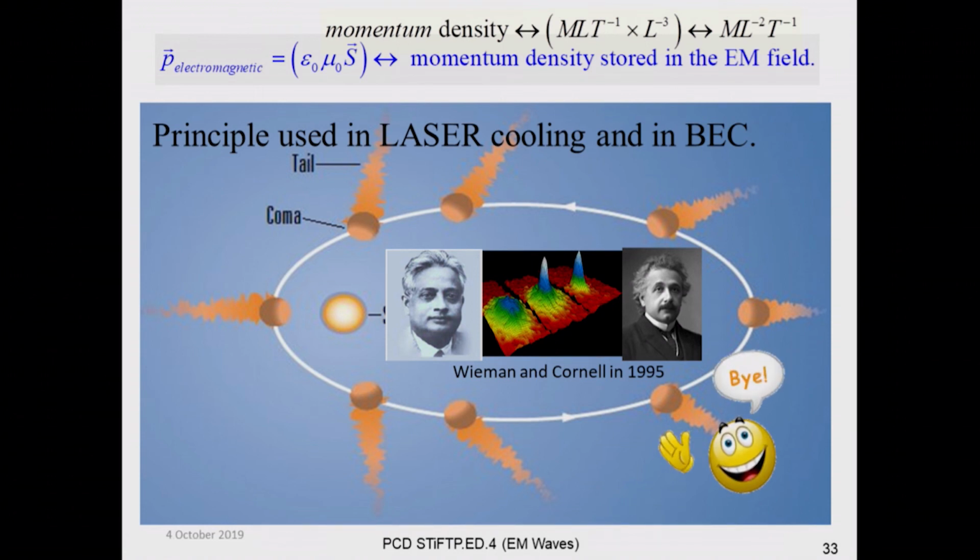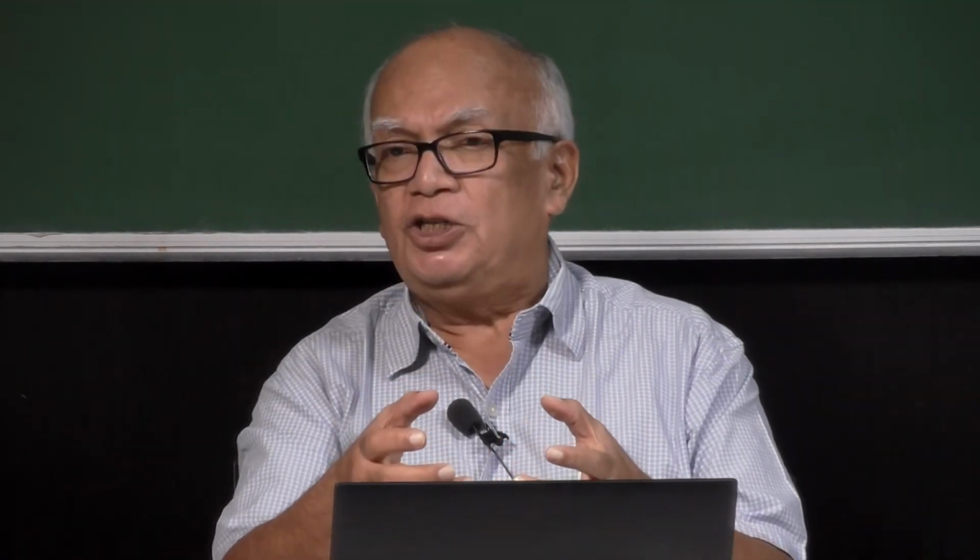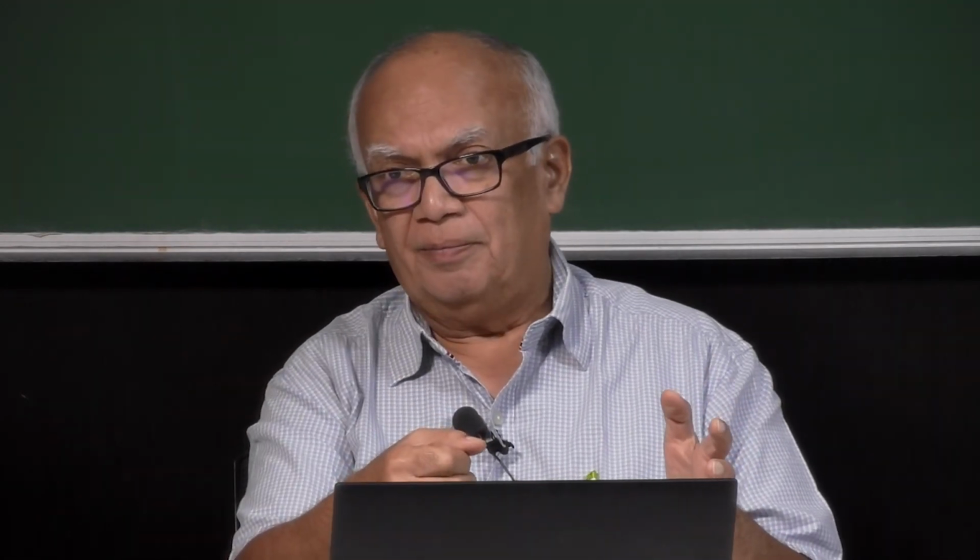And this is the principle which goes into slowing down atoms. So you can take an atom, shine light on it from this side, and it imparts momentum on it. So it is like a physical collision of two objects, and this is going to slow down this object. It can push it in this direction, but then you have another laser beam from this direction and trap it in between. It might escape to the top or bottom.